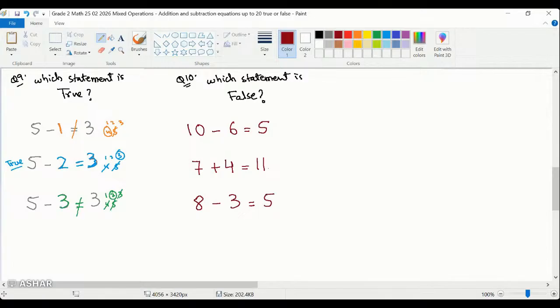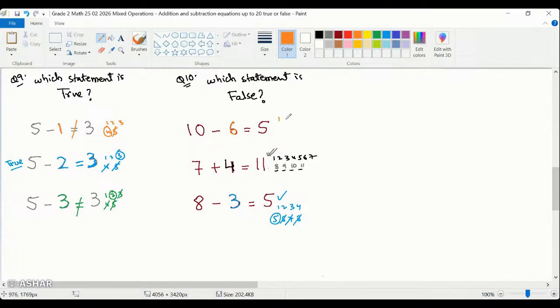So let's start from the bottom. 8 minus 3. We have 8 numbers: 1, 2, 3, 4, 5, 6, 7, 8. If we remove 3, we are left with 5. This is true. 7 plus 4. If we have 7 numbers and we add another 4 numbers to it, that means 8, 9, 10, and 11. This is also true. 10 minus 6.